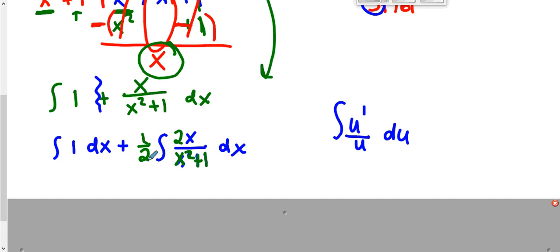You do not need to show the u substitution. You can if you want. It's a u equals x squared plus 1, so du is 2x. You don't necessarily have to show this. You can just put the 2 in because we know we need that as the derivative of our denominator. But if it helps to show it, then you can.